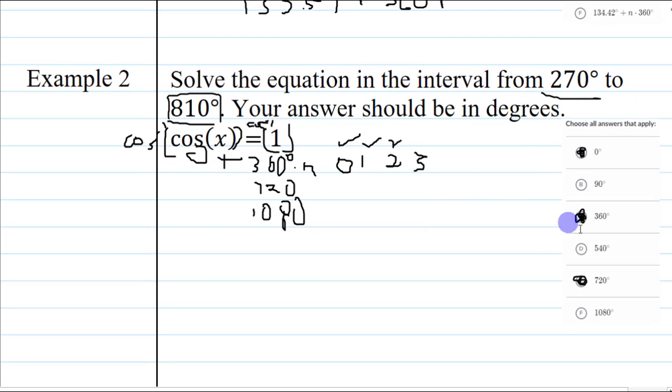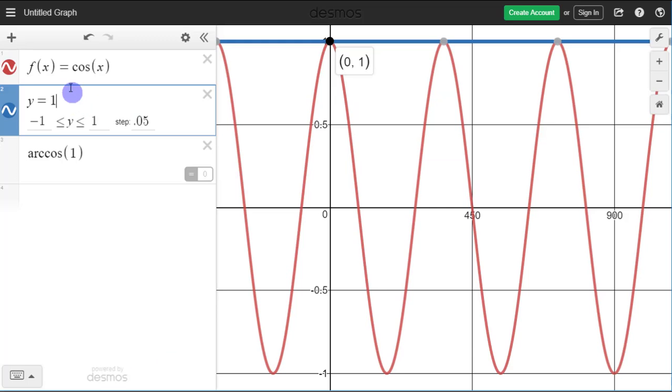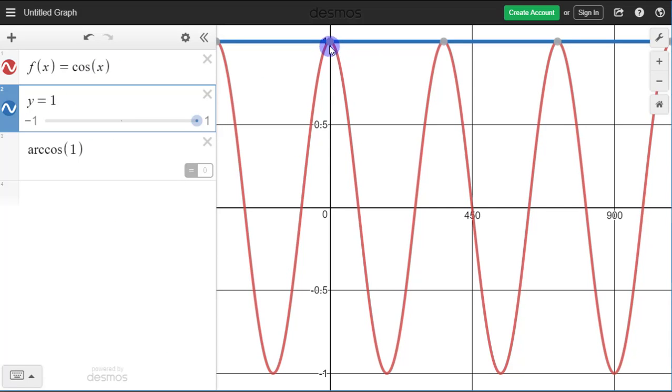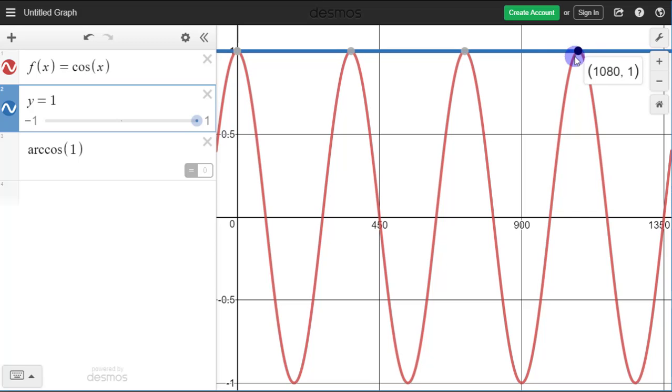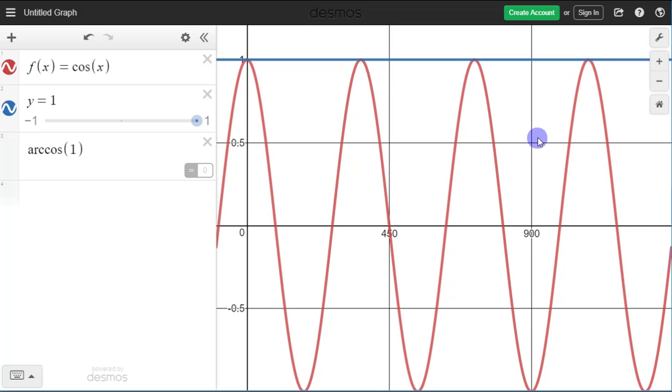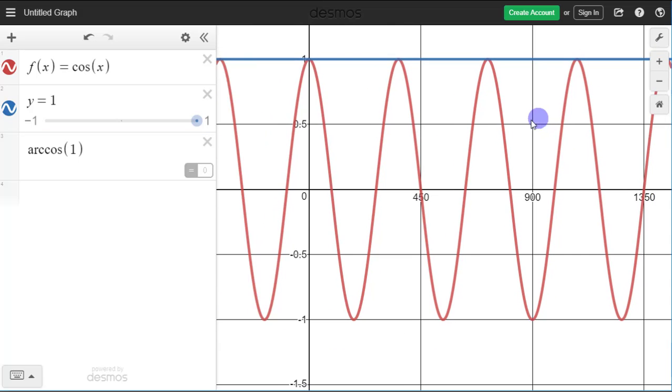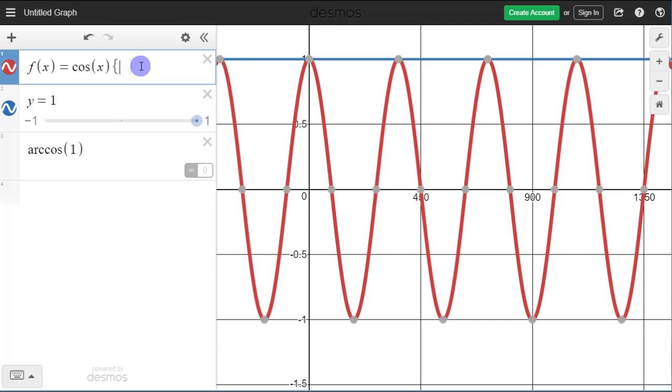Oh, and before I go to the summary, I forgot, how do I check those answers? If you go to Desmos and you graph cosine of x and you graph y equals 1, like I have here, you can actually click on these values and say, okay, yeah, 0, 360, 720 is an answer, 1080 would have been an answer, but it's outside the range. If you want to be extra fancy, you can enter a range here by going curly brace, which is shift the number right of the p, and you say, what was your left boundary?